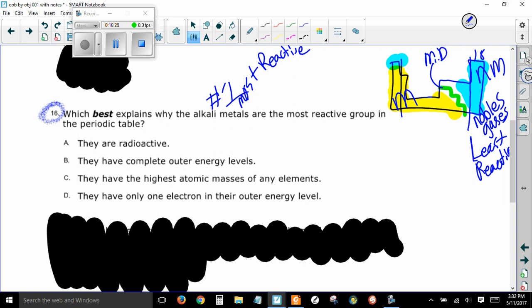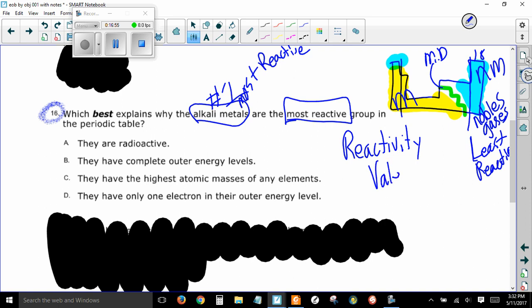So again, which best explains why alkali metals, key word, are the most reactive on the periodic table? Well, we learned way back at the beginning of the year that reactivity is related to valence electrons.